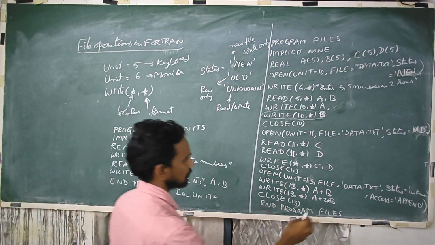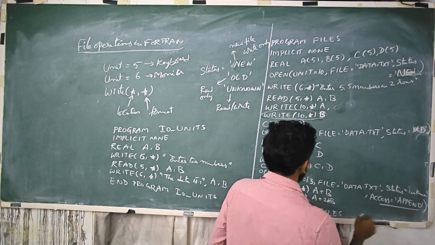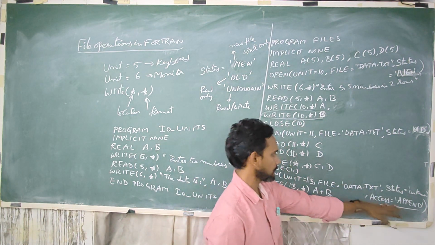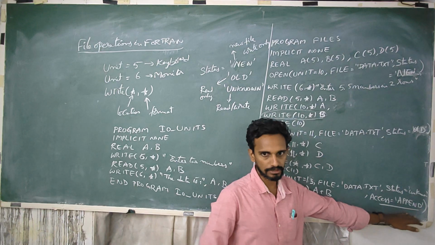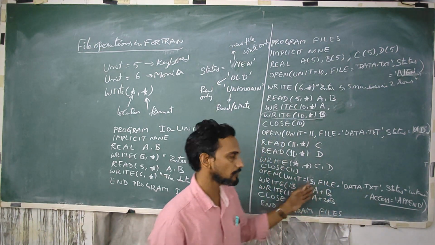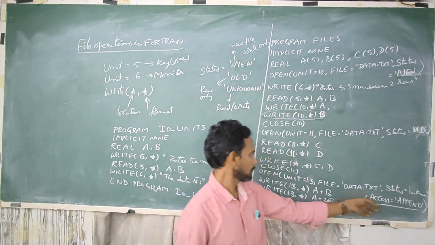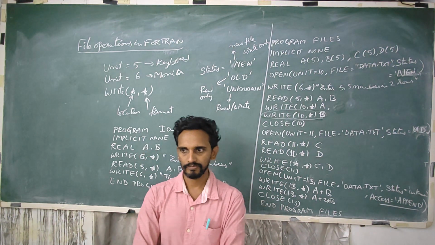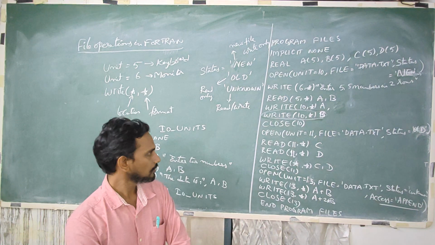So this is an additional option. So whenever you reopen the file, if you want to keep the old data, you have to mention append. Otherwise, if you want to afresh write the new data, you just remove that append option. Okay.